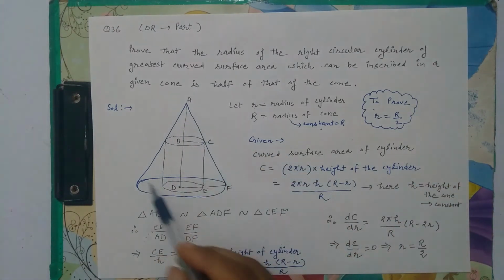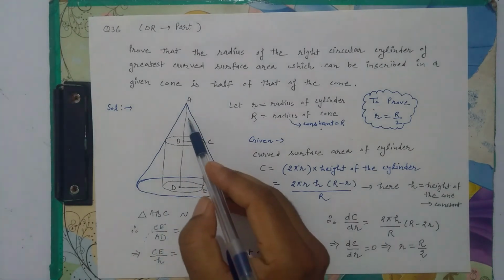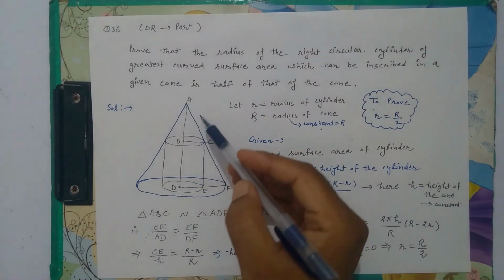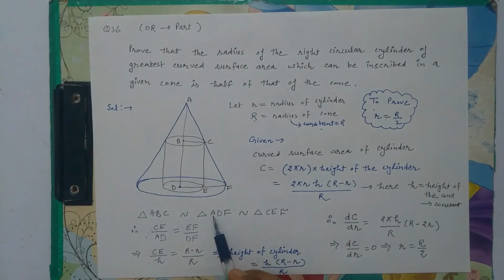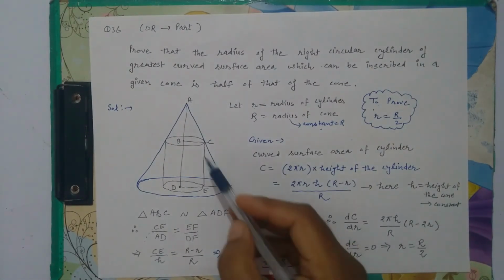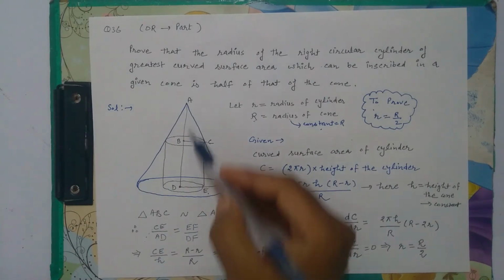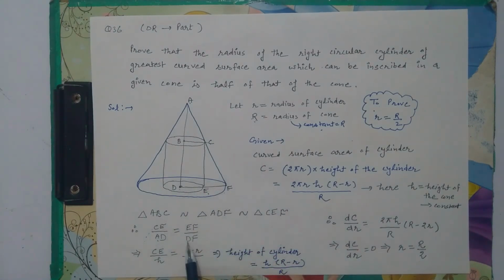So this is the diagram. The cylinder is inscribed inside the cone. So we see that triangles ADF and CEF are similar. So we write CE upon AD is equal to EF upon DF.